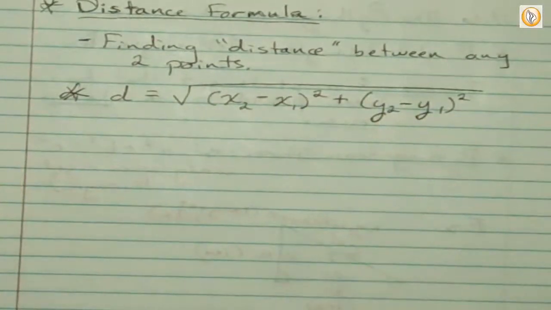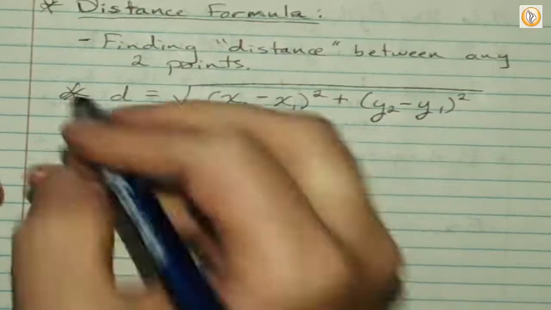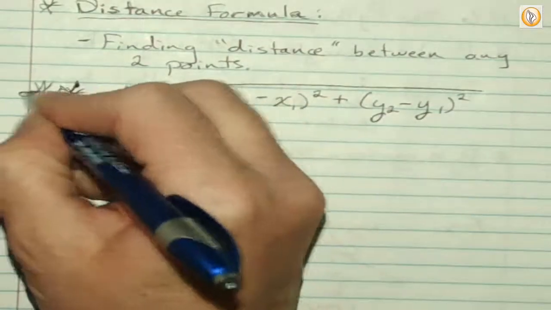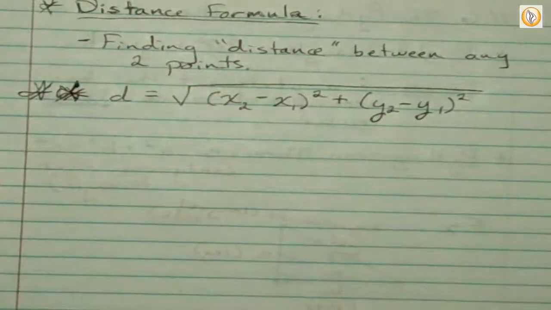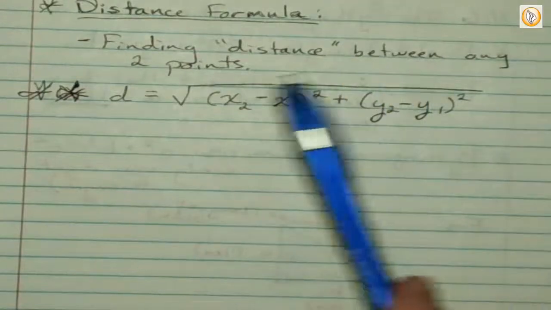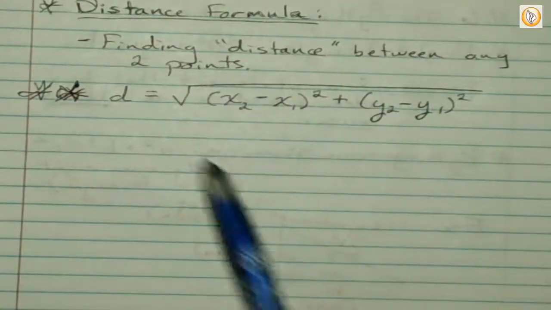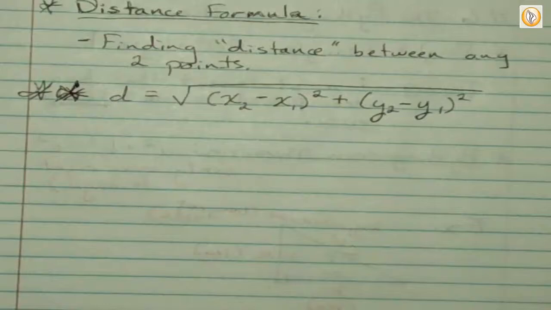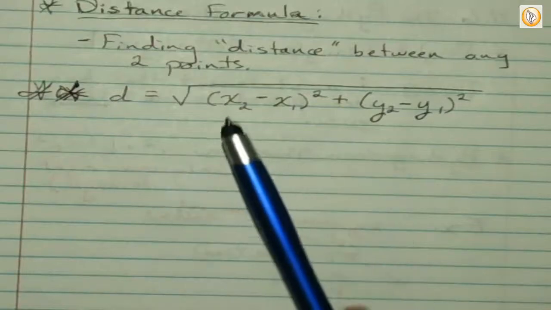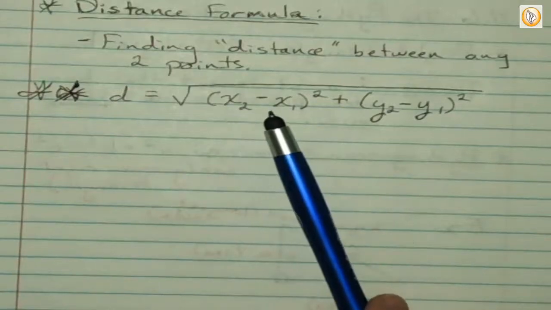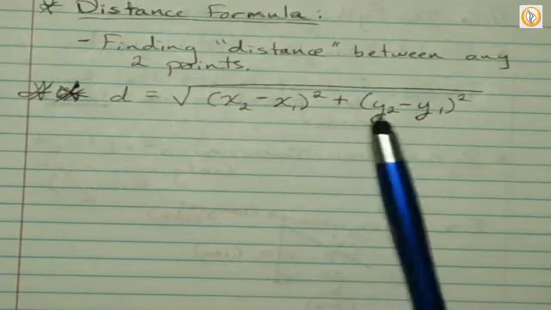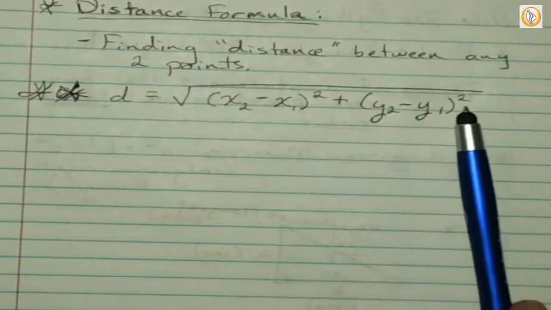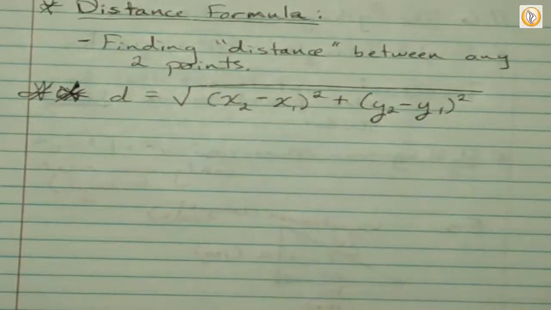There you go. I'll put 2 stars. So, to find the distance between any 2 points, this is the formula. So you better write this down. x2 minus x1 squared plus y2 minus y1 squared, all under the radical sign. Wait, isn't it similar to one? It is similar. Absolutely.